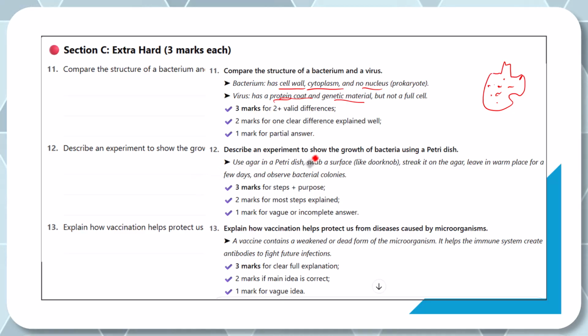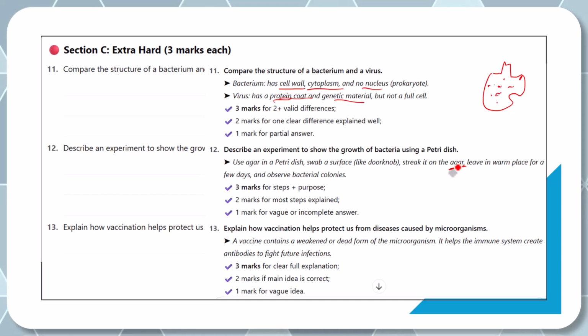Question 12. Describe an experiment to show the growth of bacteria using a petri dish. How can you grow bacteria in a petri dish? That's what the question is asking. The first thing you need to think about is, what are the things that you need for bacteria to grow? The first one is food. And this food is called agar. It's called agar gel. It's some nutrients in a gel form, like that jelly-like sweet thing that you put on bread apart from butter.